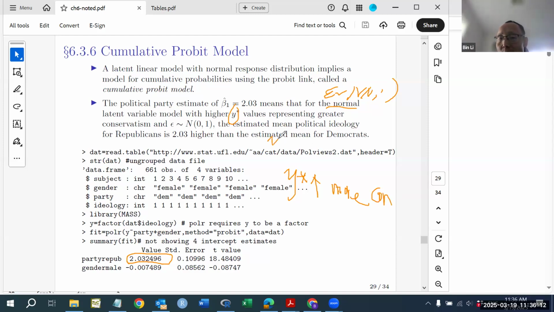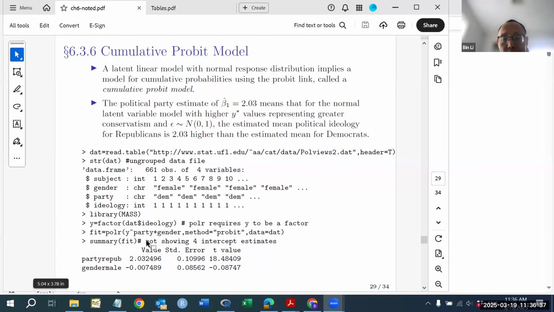Because here the observed Y starts with 1 as most liberal to 5 as the most conservative. So when Y star increases, that means more conservative. So that's the interpretation through the latent variable model, using polr.